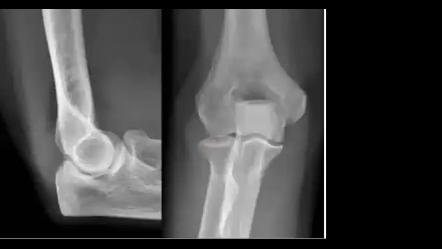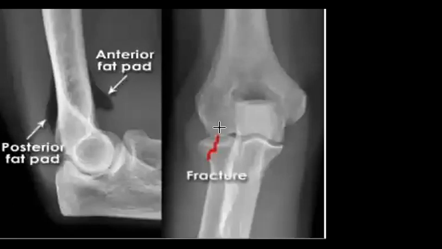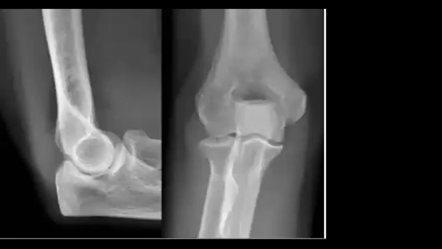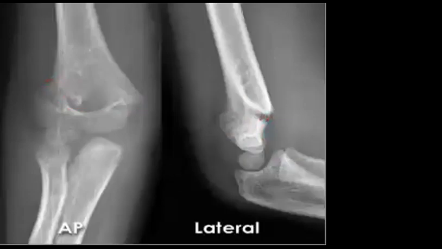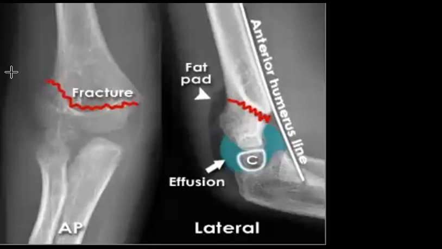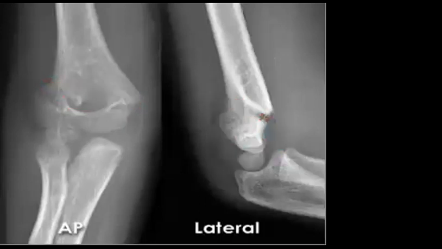And here I want to show you that this patient already has a fracture in the radial head. And here, if you go and check, you can see the posterior fat pad sign with the effusion, and you can see the fracture line which traverses the supracondylar region.